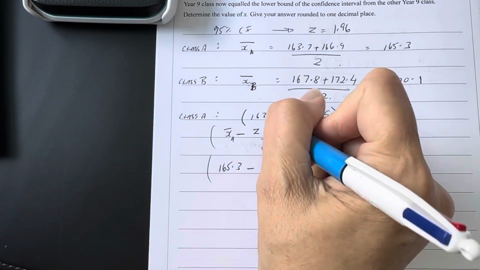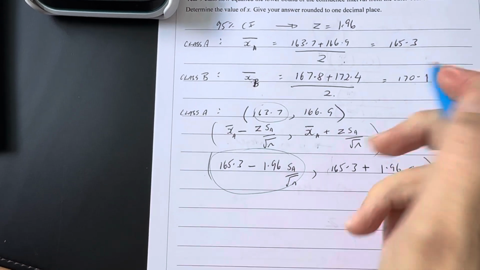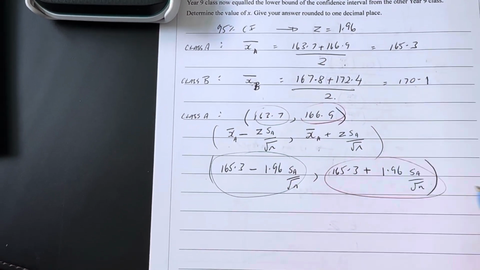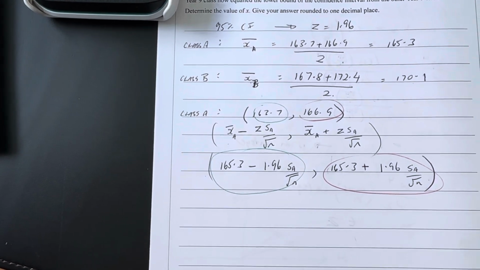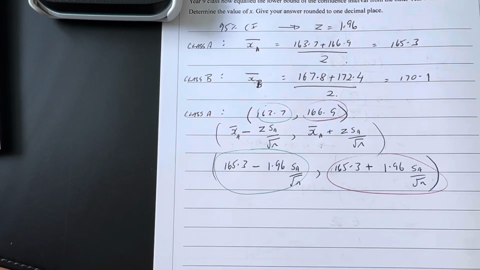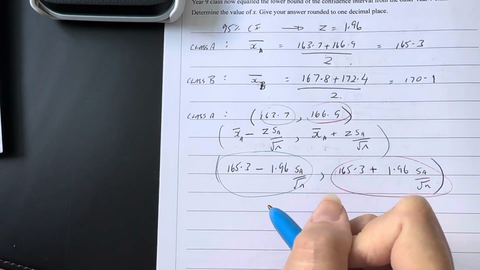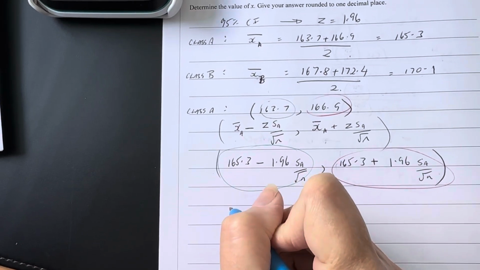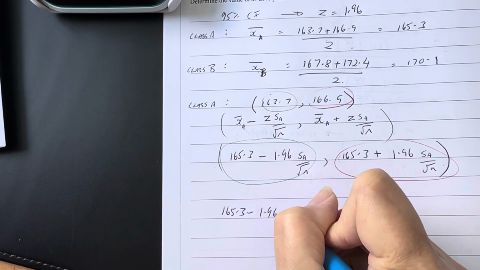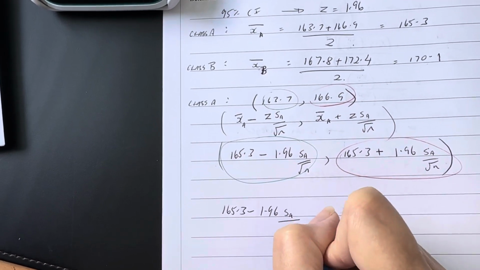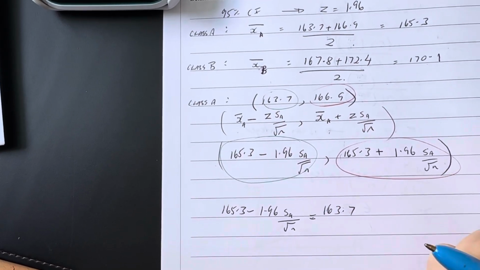I can either work with this and this, or this and this. It's just a choice. It does not make a difference. So let's go with the first one: 165.3 take 1.96 S A over square root of n equals 163.7.